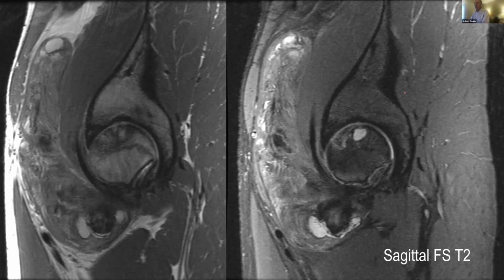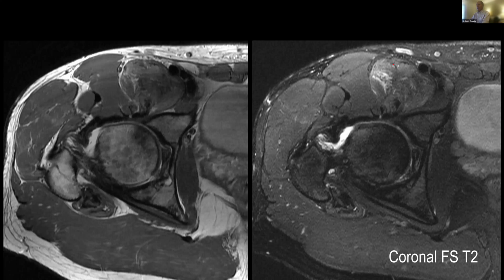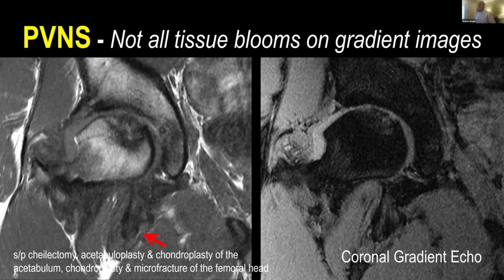All this material in the iliopsoas bursa and filling the hip joint was not related to CAM FAI, but rather to what is traditionally called pigmented villonodular synovitis or tenosynovial giant cell tumor, now for the last 10 years being the proper official name.